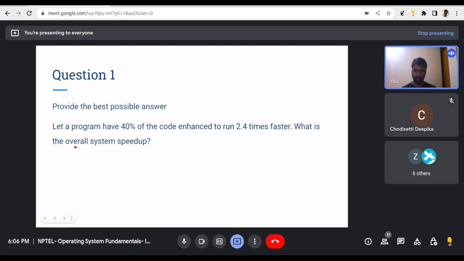You need to calculate the overall system speed up. It is given that 40% of the code, that is 0.4 of the code, runs at 2.4 times faster than how fast it was running previously. So you need to calculate the overall speed up using Amdahl's law. I'll wait for another minute.